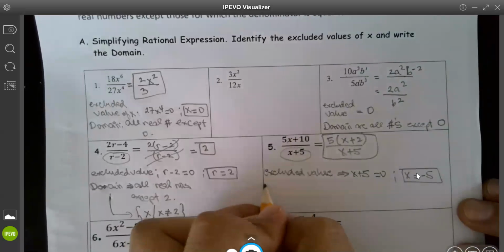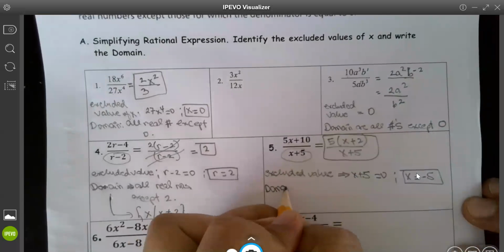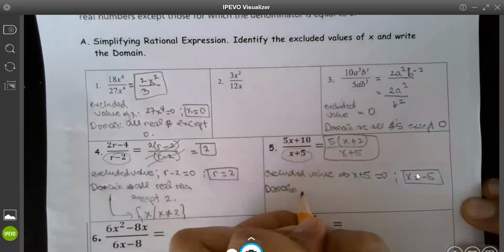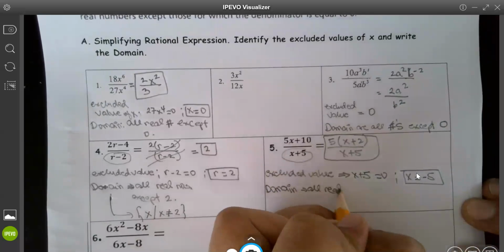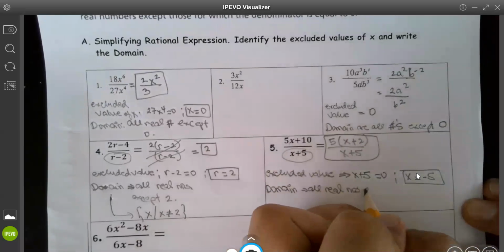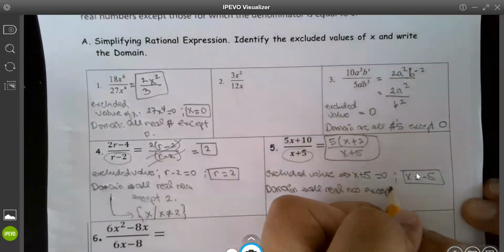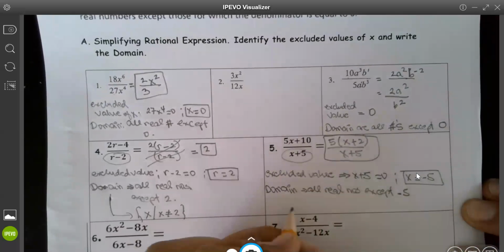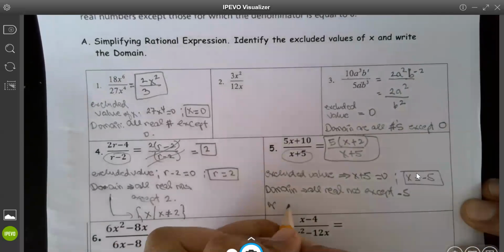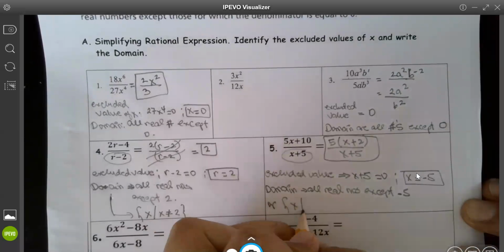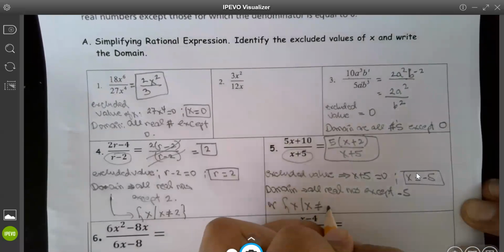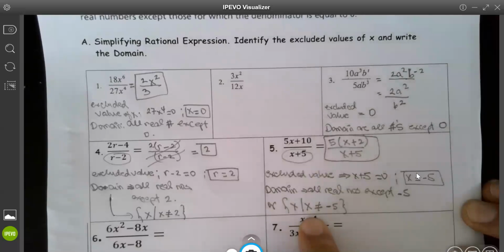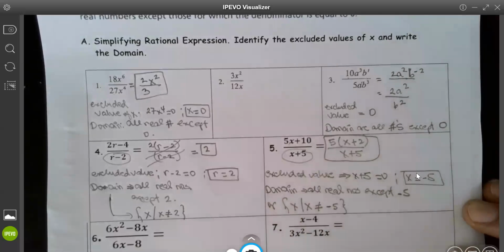So the domain is all real numbers except negative 5. Or in set notation, the set of all x such that x is not equal to negative 5. Not equal to means except negative 5.